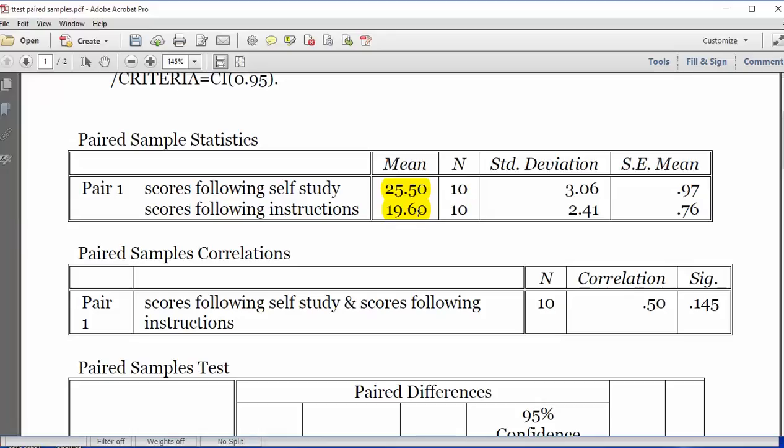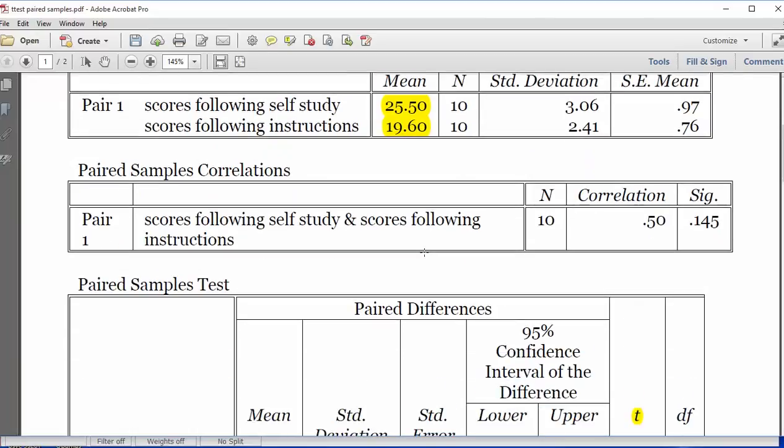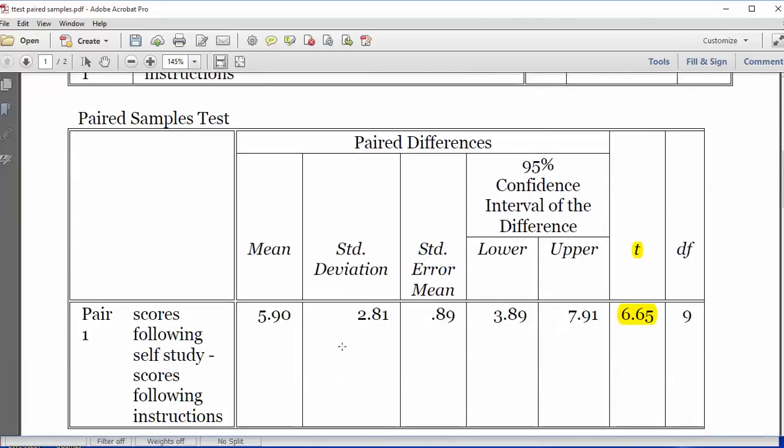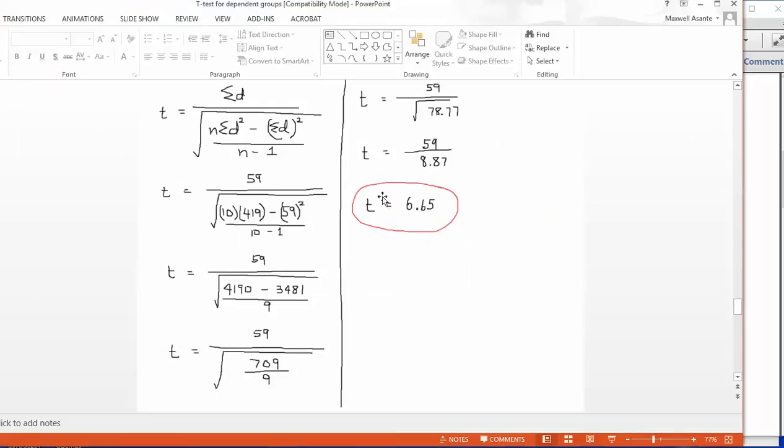This is exactly what we saw when we did the hand calculation on the PowerPoint. The analysis has now been completed, and as you can see here, this is the precise t-value that we got following the hand computation. It's 6.65. If we go here, it's the same hand computation and we got 6.65.